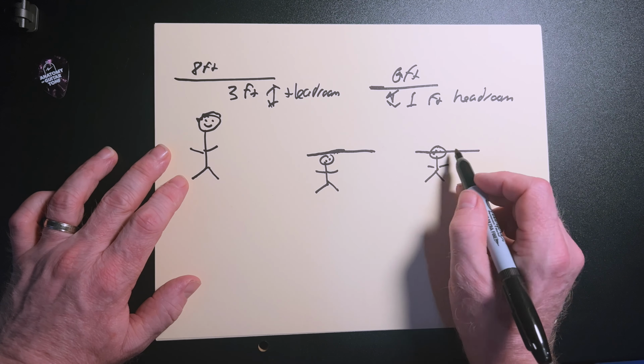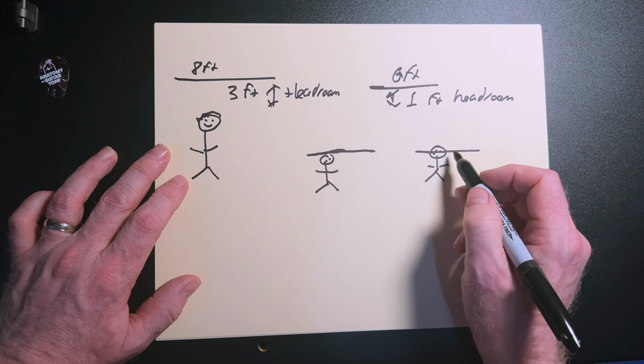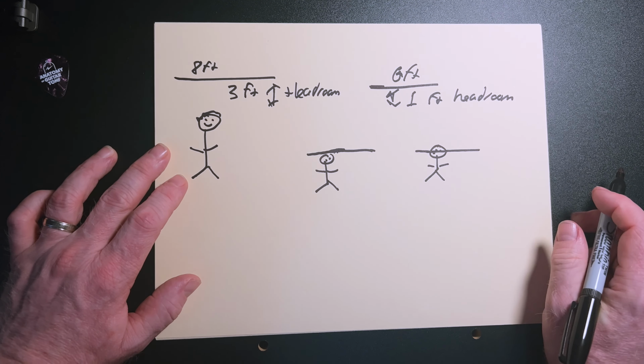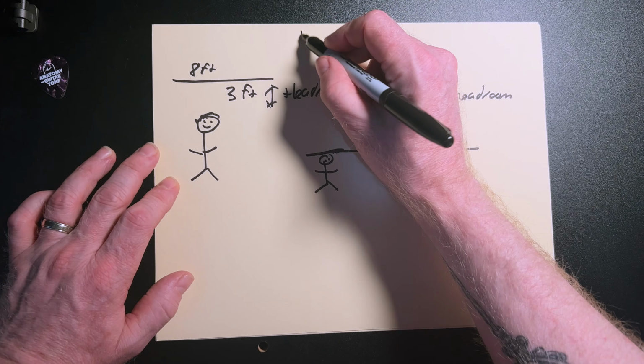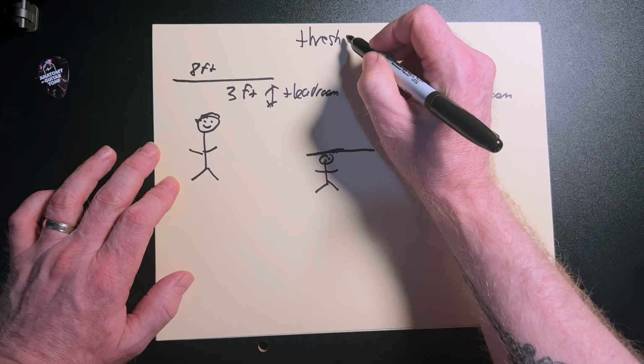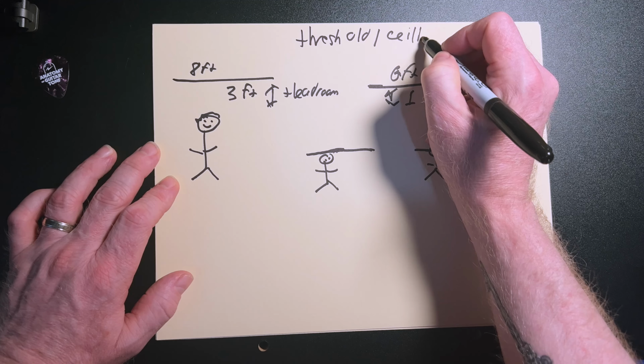So we're setting the height of the ceiling, and that tells us how much of the signal we're going to start to compress. So this is threshold or ceiling.